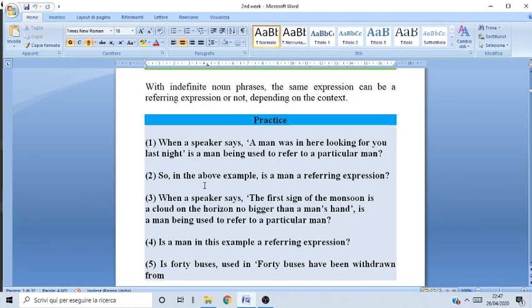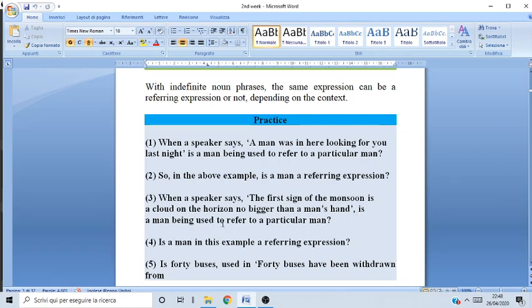Number 2. So, in the above example, is a man a referring expression? When a speaker says, the first sign of the monsoon is a cloud on the horizon, no bigger than a man's hand.